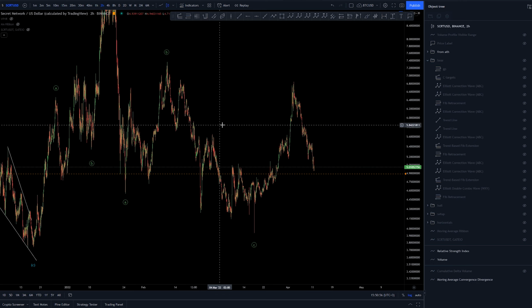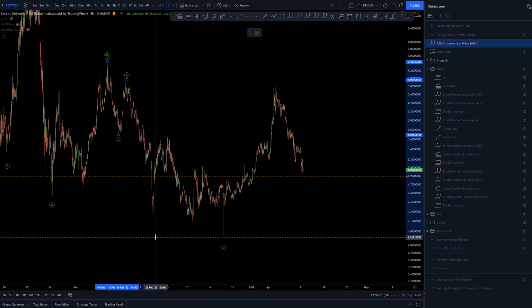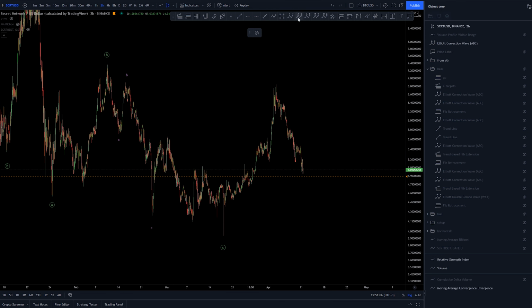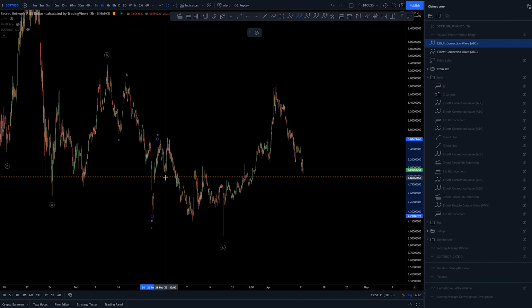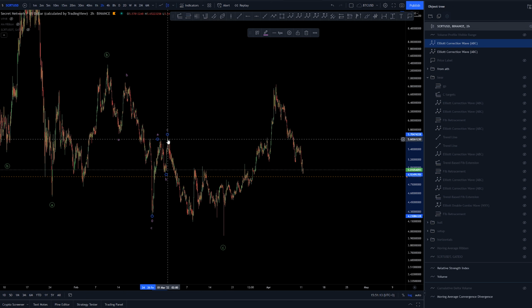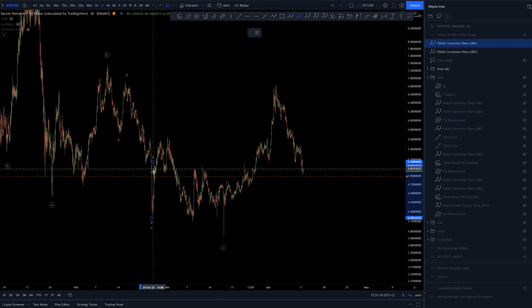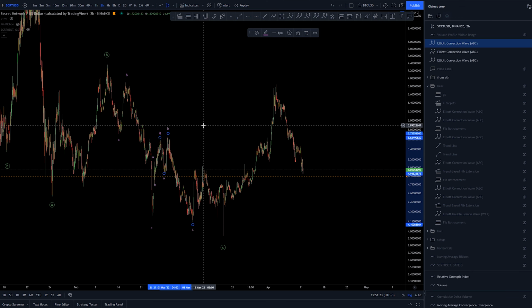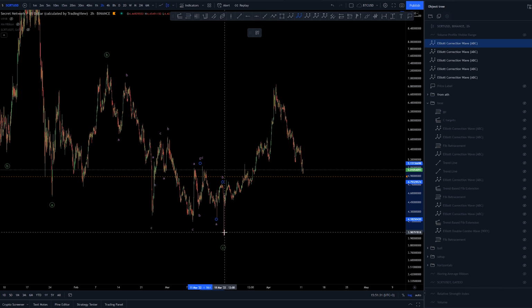So if this is to go like so, we would be looking more like something like this, ABC, in a smaller degree, let's say sub-mini for now, and then maybe another 3 waves here, or actually it's probably 3 waves like so, and then another 3 waves here, 3 waves up here, and 3 waves down into here.